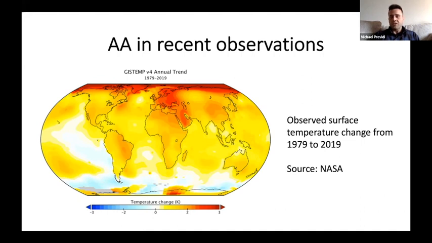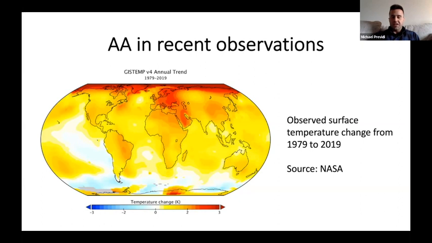This map would not look much different if you were to add the few years that have happened since 2019. You can see very clearly that most of the world has been warming over the past few decades, as we all know, but some regions have been warming more than others. And I think it's pretty obvious from this figure that the Arctic stands out as a region that has been warming the most over the past few decades.